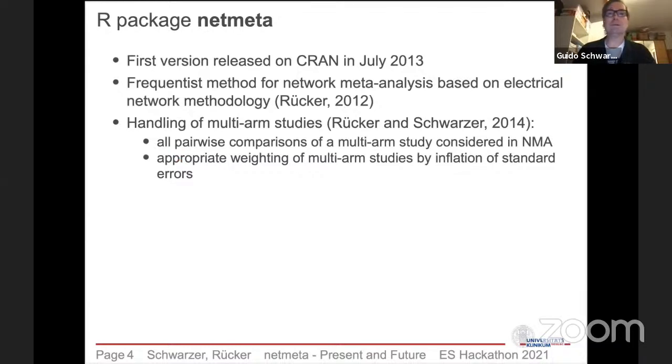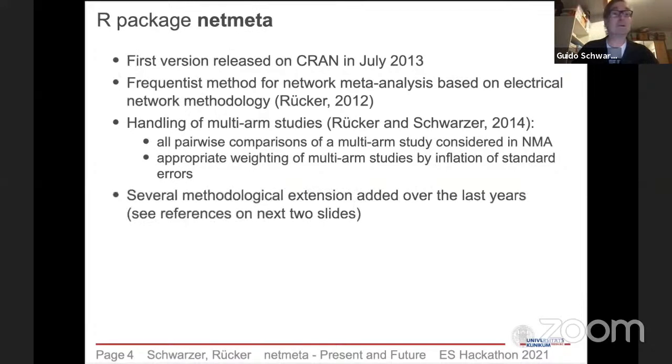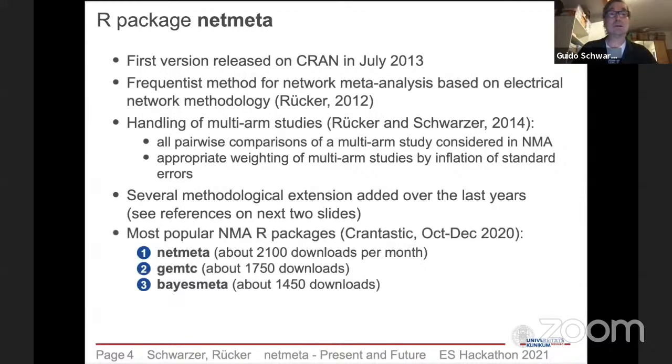And what we do is inflate standard errors for these pairwise comparisons in order to get appropriate weights in the analysis. After this initial release, there have been several methodological extensions that we implemented, and I will talk about this in the coming slides.